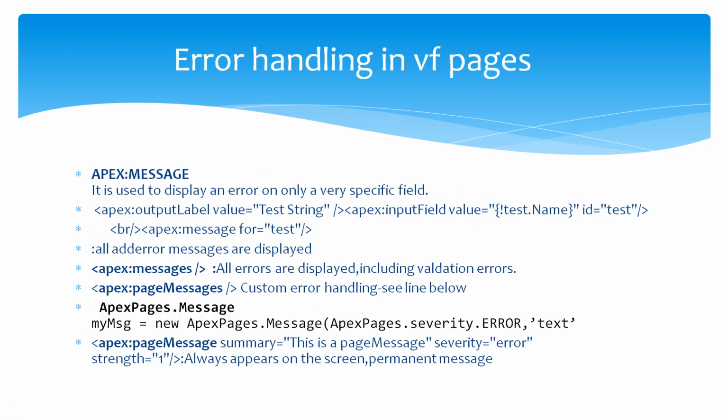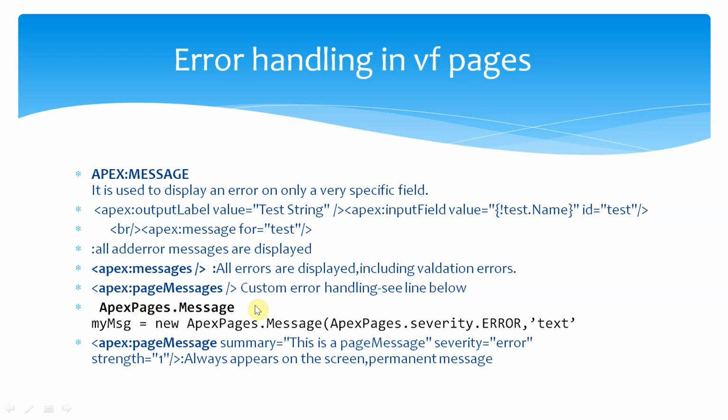Before we get into the actual demo, a couple of things for error handling. Let's look at some other additional topics before we get into the actual demo. You can do error handling in Visualforce pages. You can use apex:message to display any error on a specific field, or you have apex:messages, then you have apex:pageMessages. apex:messages will basically show you all errors that are happening in the backend.